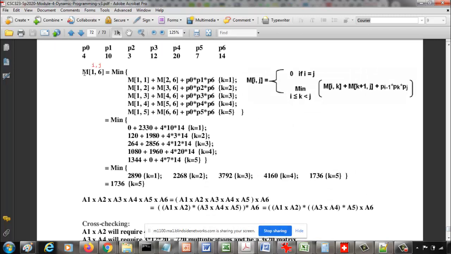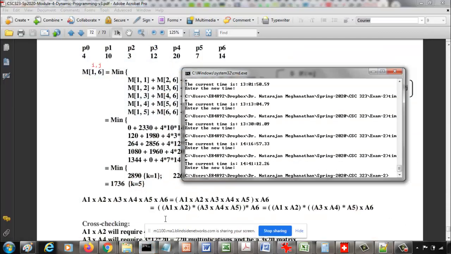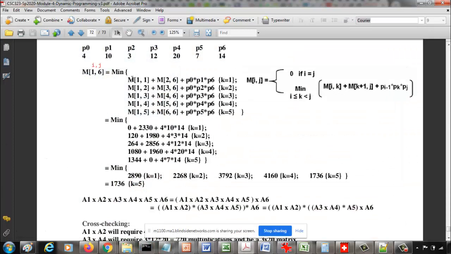you get something like this. So m of i, j with i equals 1, j equals 6. You have 5 different k values, k equals 1, 2, 3, 4 and 5. And as I said, this is easier to visualize. So m of i, k, so m of 1, 1 for k equals 1, then m of k plus 1 means m of 2, 6, then p i minus 1, so p0 times p j, p6, then k equals 1, so it's p1.